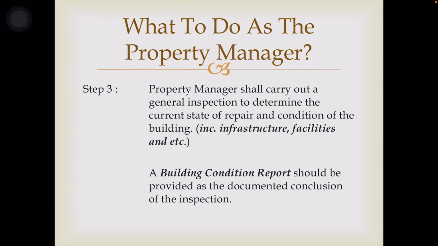This also includes the infrastructure, facilities and maintenance. Any remedies needed shall be inspected beforehand. To sum up the inspection, a building condition report should be provided as the documented conclusion of the inspection.